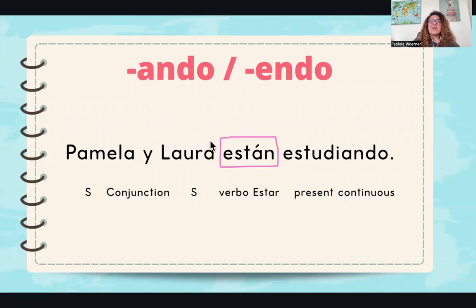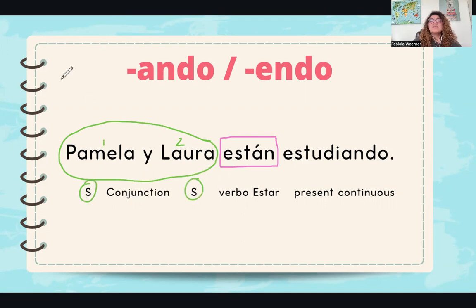Our subject here, we have two people, Pamela and Laura. That's dos personas. This will be the same as saying the third person plural. That is why we're using están.